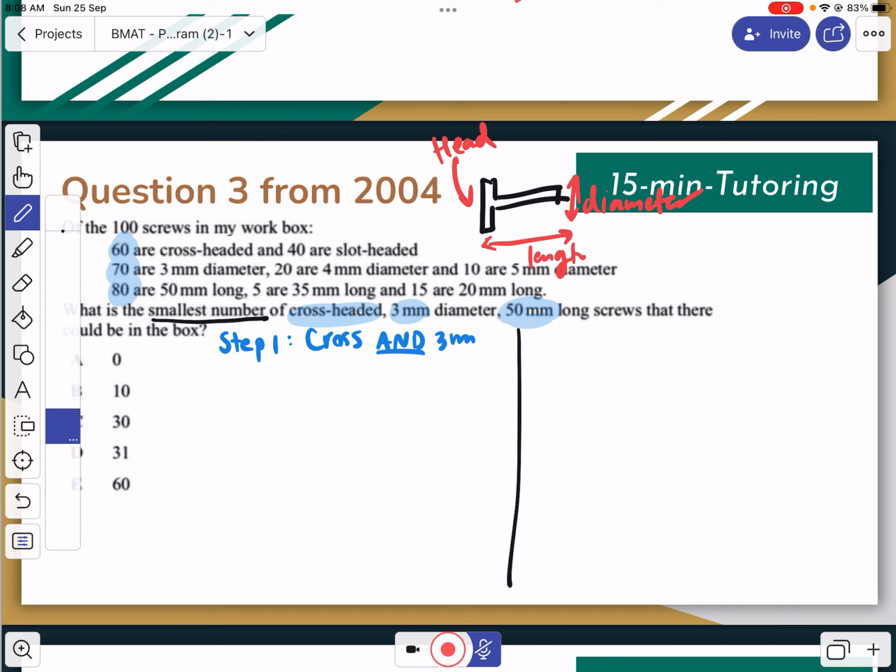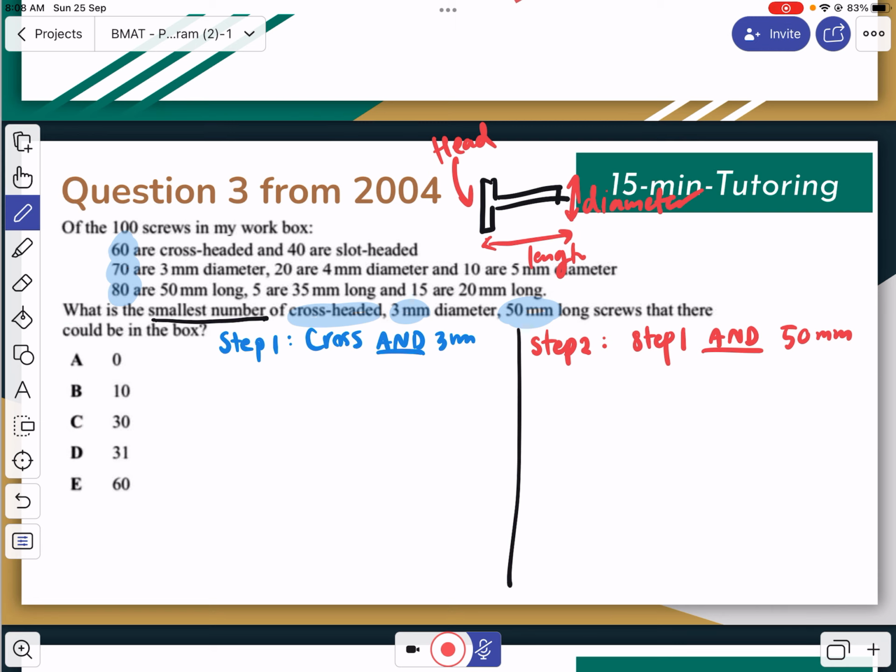And whatever passes the first round on step 1 will go to step 2, that will be step 1 and 50 mm. Okay, and that will be our game plan.